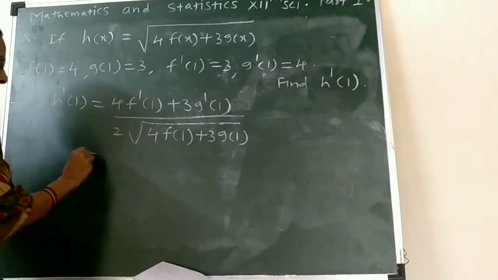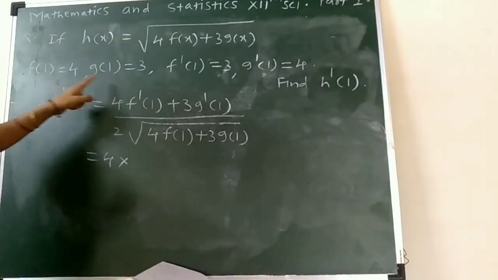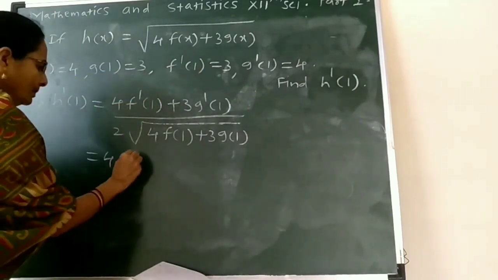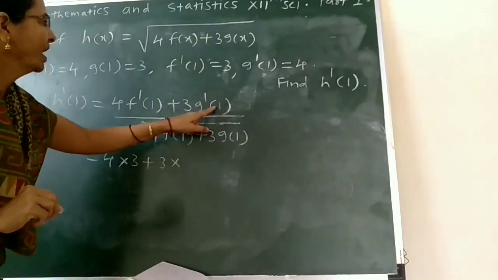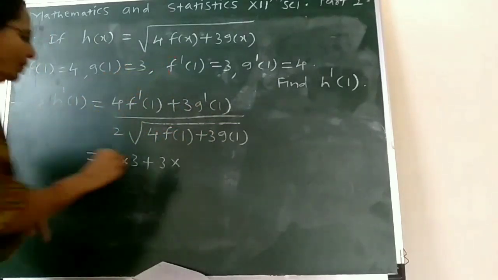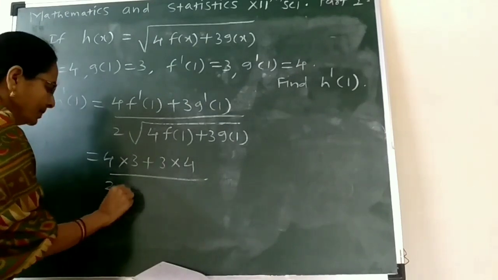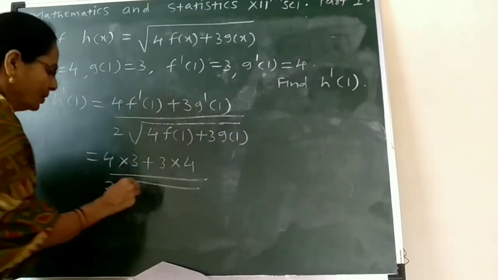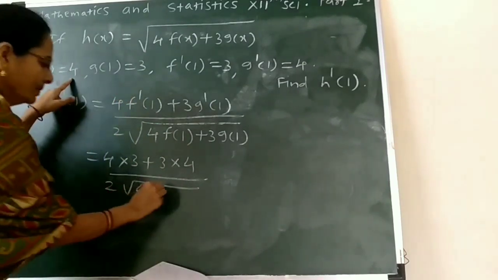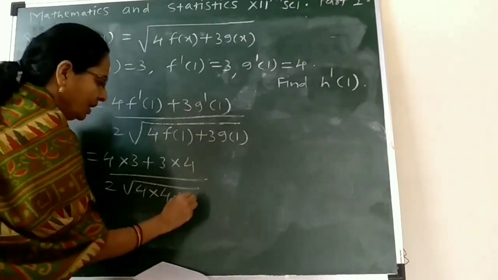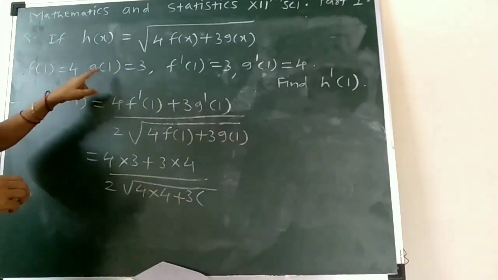Put values: f dash 1 is given 3, g dash 1 is 4, f 1 is 4, g 1 is 3.